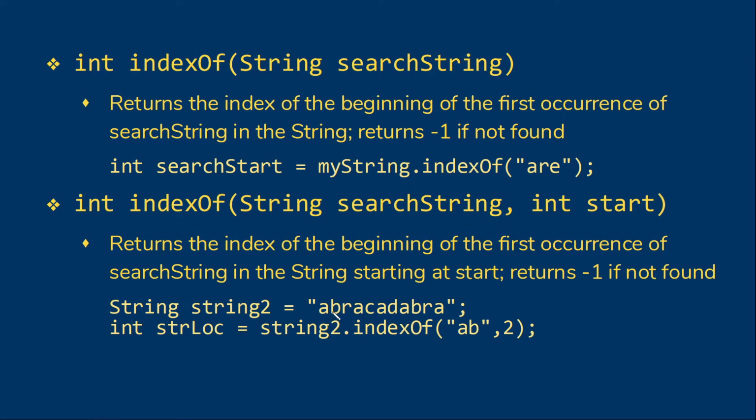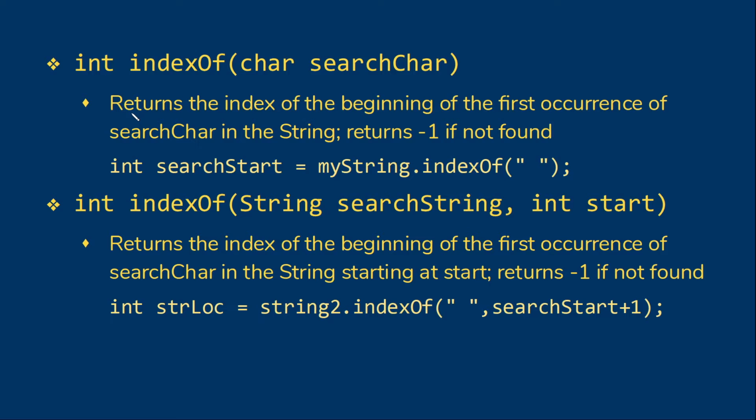This A is at 0, this B is at 1, this R is at 2. So it starts looking there. It will return this index, which would be 0, 1, 2, 3, 4, 5, 6, 7. So the result would be 7.